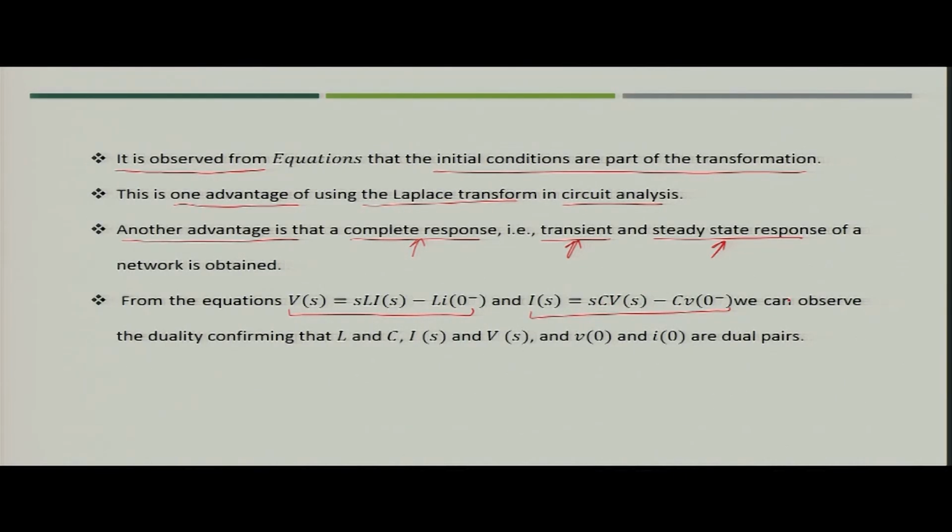When you observe them, you can confirm the duality: L is dual of C, I(s) is dual of V(s), and v at time t equal to 0 is dual of current i at time t equal to 0. These create the dual pairs.